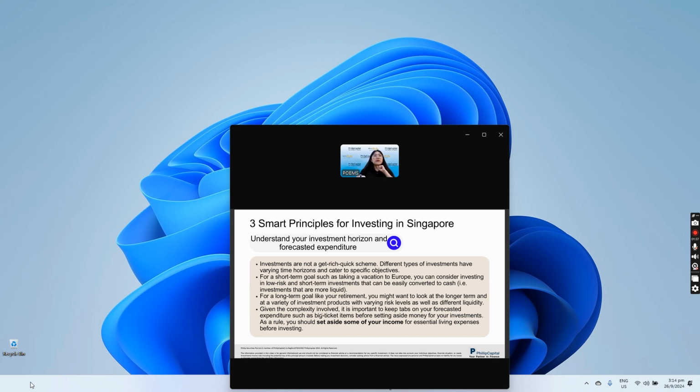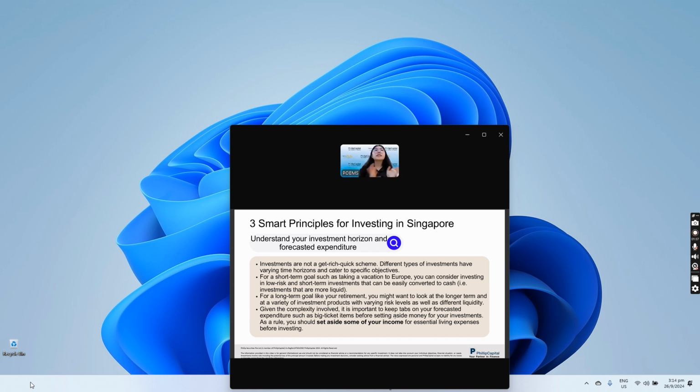Given the complexity involved, it is important that you forecast your expenditure. For example, in 2 more years, I know that my children want to go to university. So you need to plan your expenditure first.